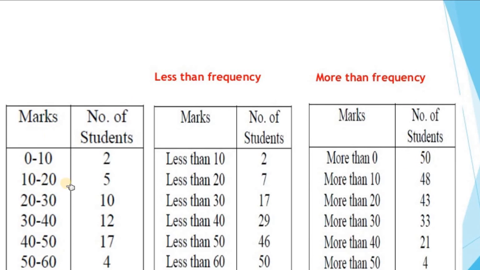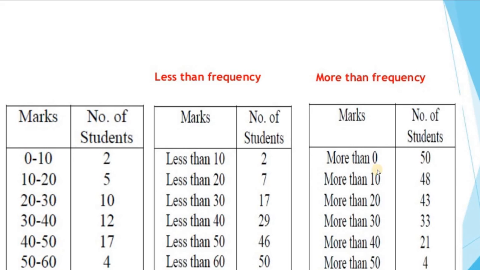Then next step, for the second, more than 10, we need to reduce from this 50, we need to reduce this 2. 50 minus 2, 48. Next step, more than 20 means we need to take the lower limit.